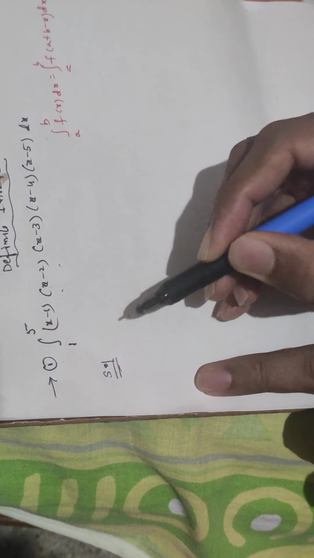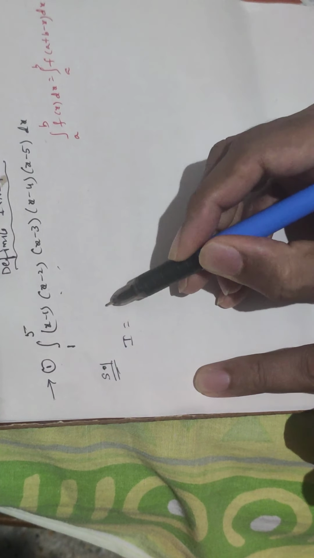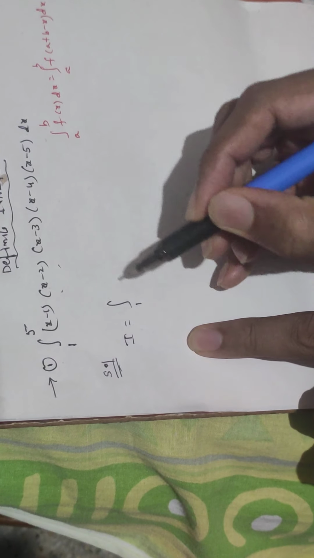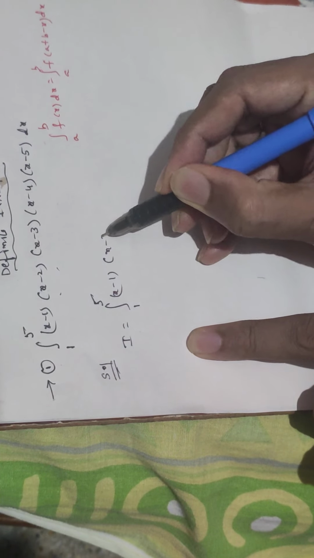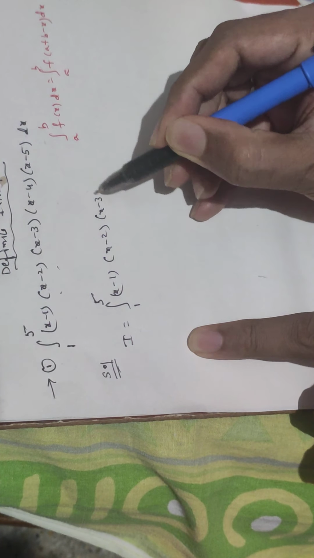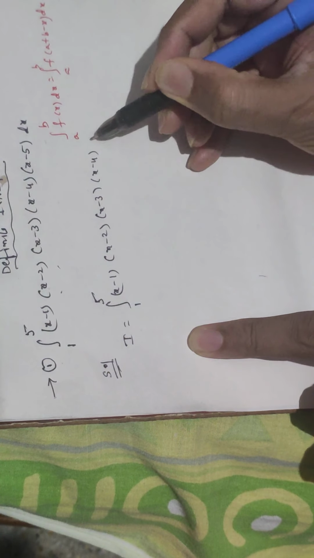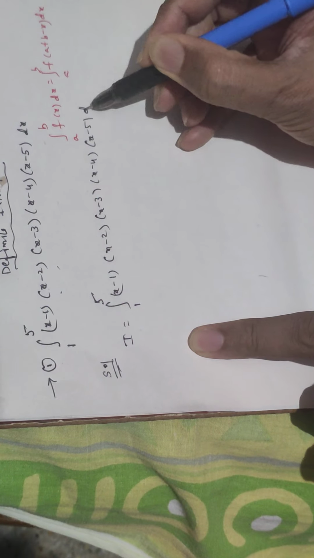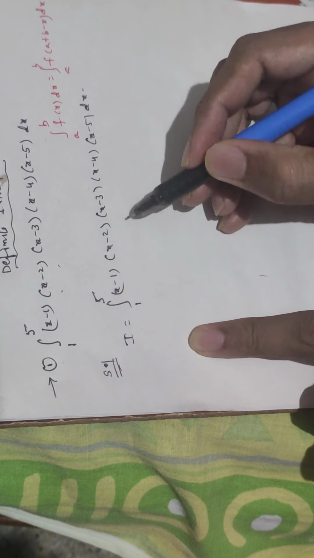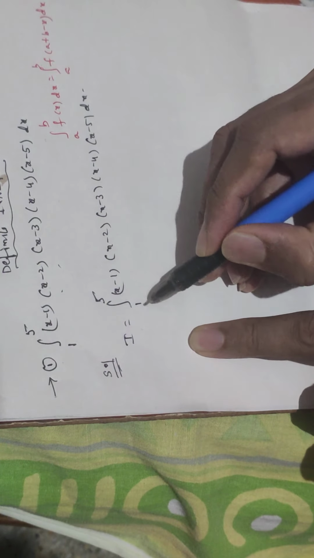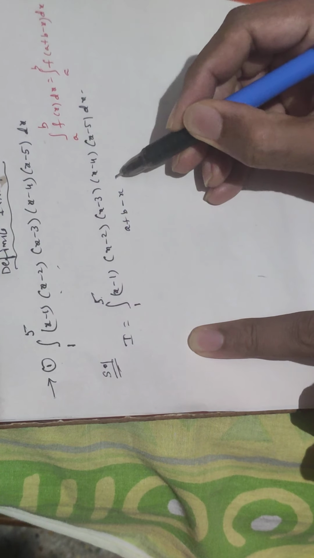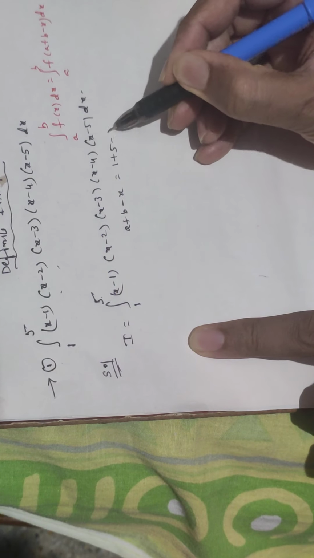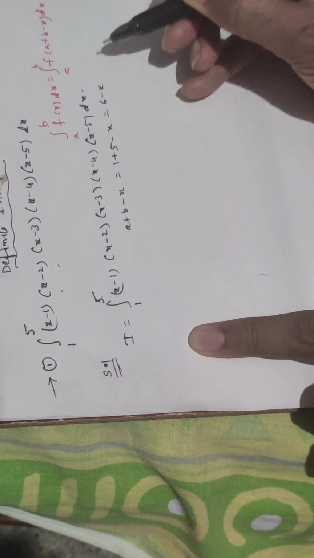So by using this property, let us take the solution. First we can assume that the given integral is I, equal to integral 1 to 5 of (x minus 1) into (x minus 2) into (x minus 3) into (x minus 4) into (x minus 5) dx. Now in the place of x we can write a plus b minus x. Here a value is 1, b value is 5. So a plus b minus x is 1 plus 5 minus x, that is 6 minus x.